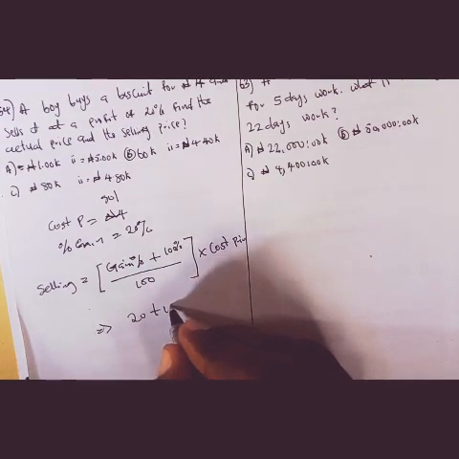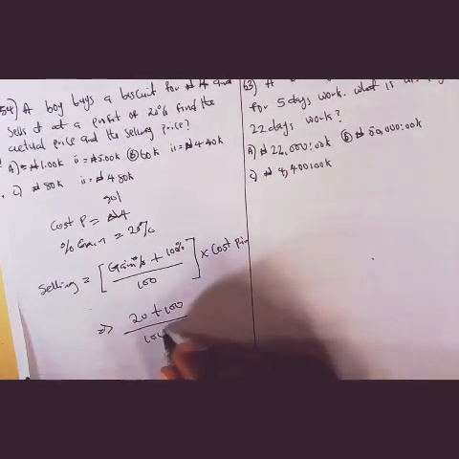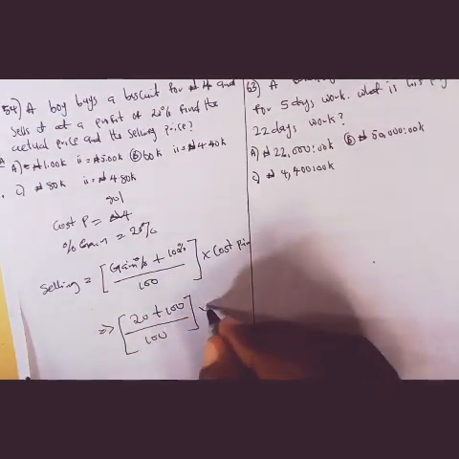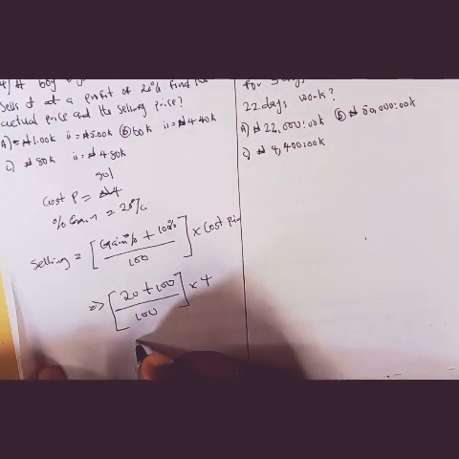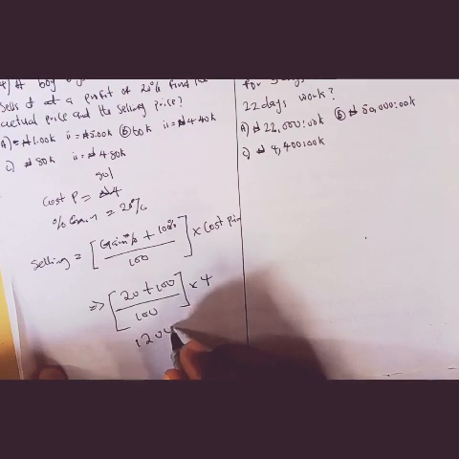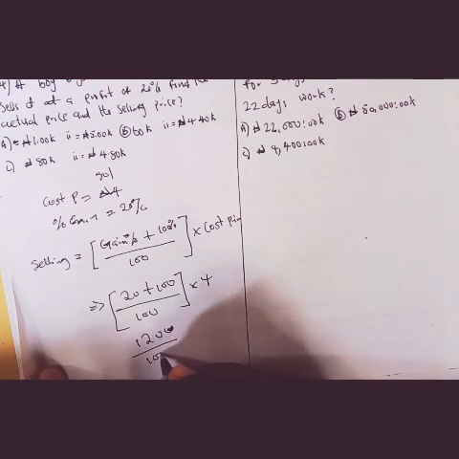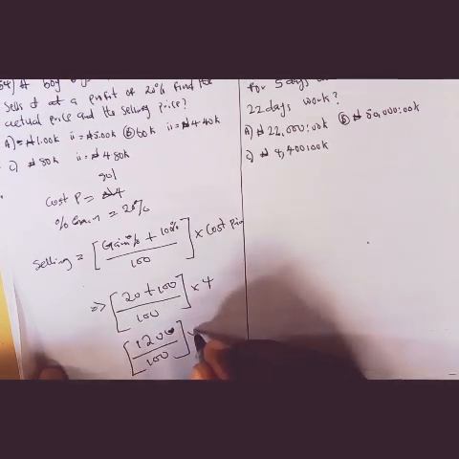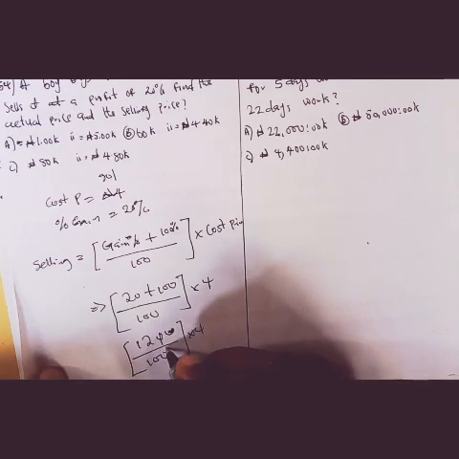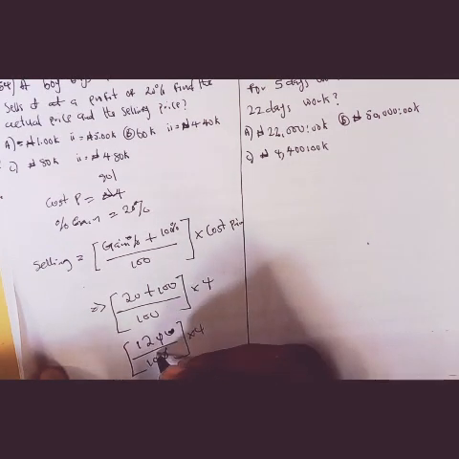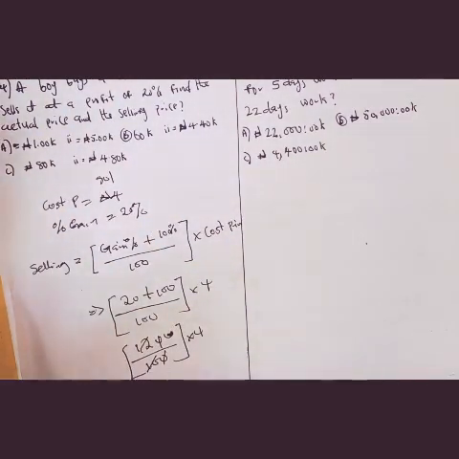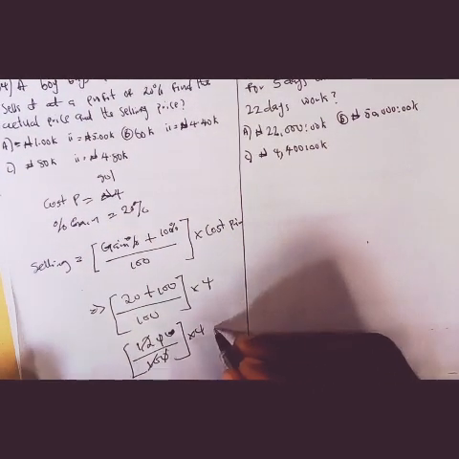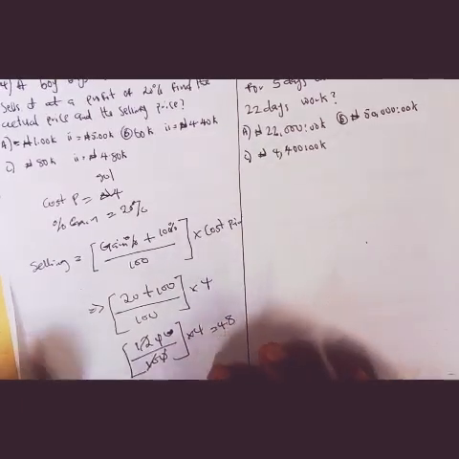So 20% plus 100% all over 100 multiplied by our cost price, which is 4. So this is 120 over 100 into 4. Take out 0, 10 goes into 12 is 1.2. 1.2 multiplied by 4 is equal to 4.8. So the selling price is 4.8.